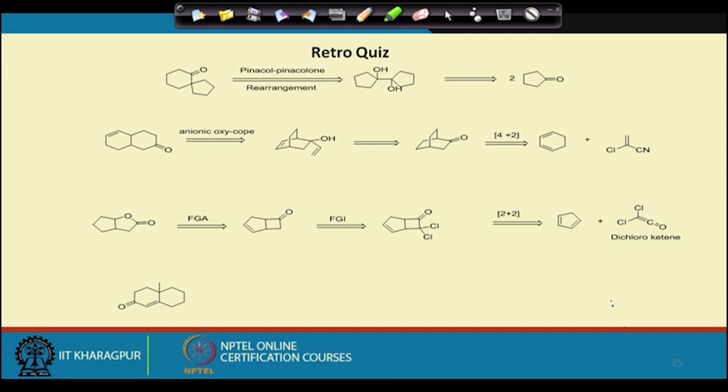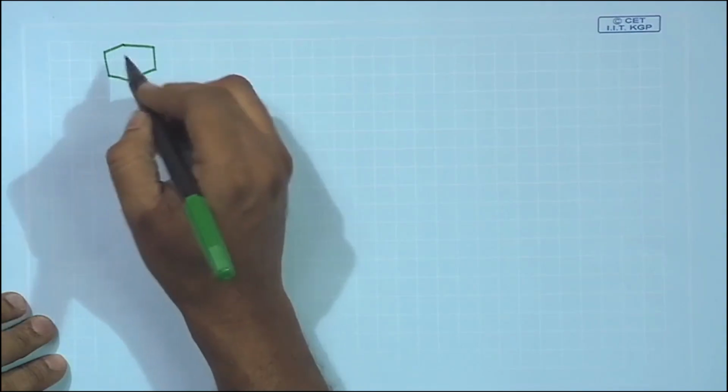The next quiz was a similar kind of problem, where the target molecule is a bicyclic compound. See its structure, it is a pretty simple bicyclic compound.